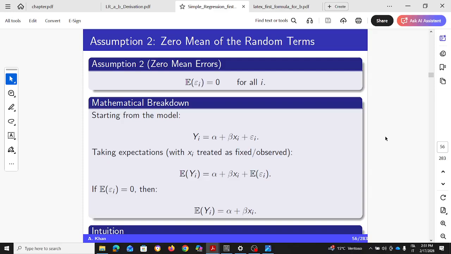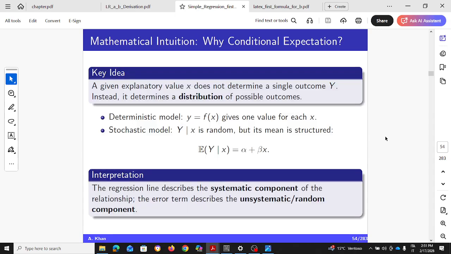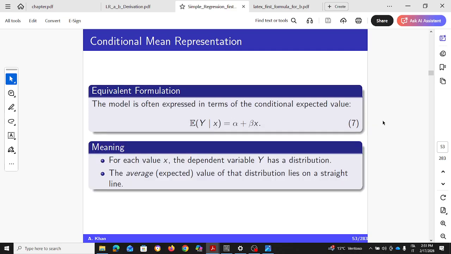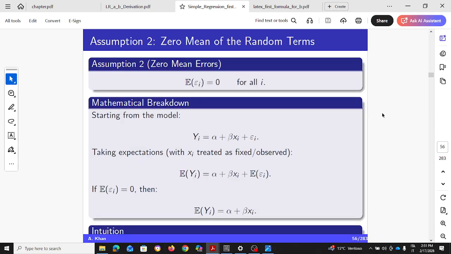Assumption number 2: the mean of the error, the new term which we have now in our model, this error term, should be equal to 0. How to prove it? We take the expectation of our model while keeping xi as a fixed value.